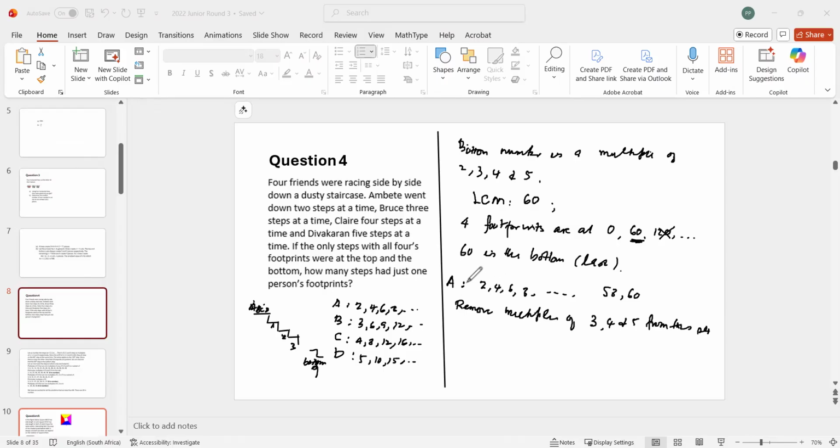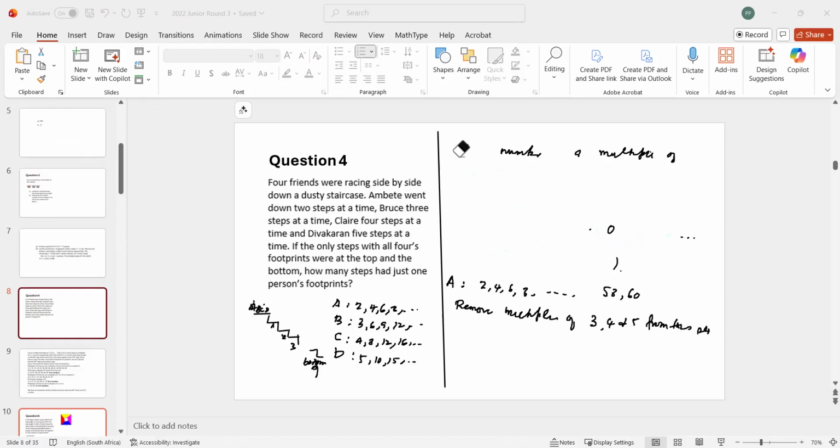We're counting the number of steps on which only A landed, right? Okay, so let me just get a little clear here. So that's what we're looking at. The steps at which only A landed.